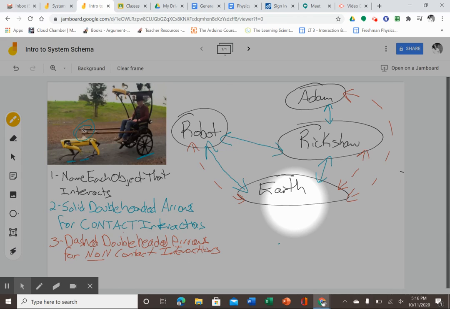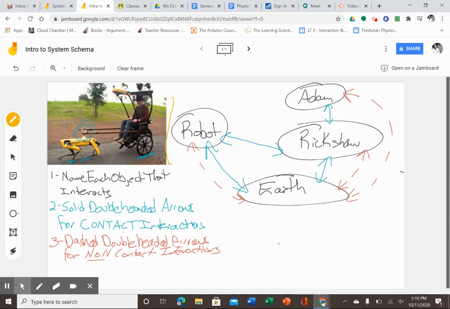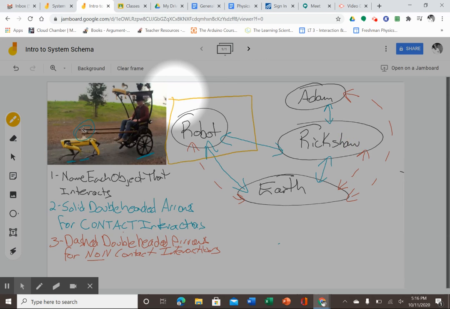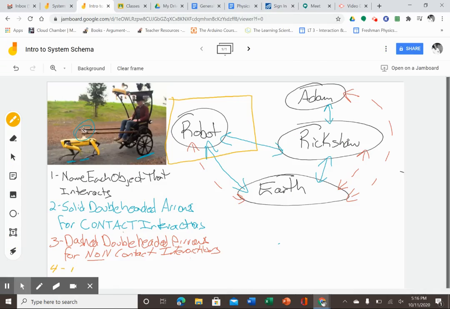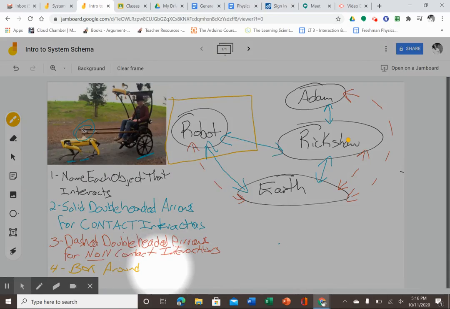With this demonstration, I haven't said this prior to this point, but let's assume that the question was asking us to do a system schema for the robot. We include all of these things that interact, and we simply say, hey, the robot is the thing that we are studying. So step 4, box around the system.